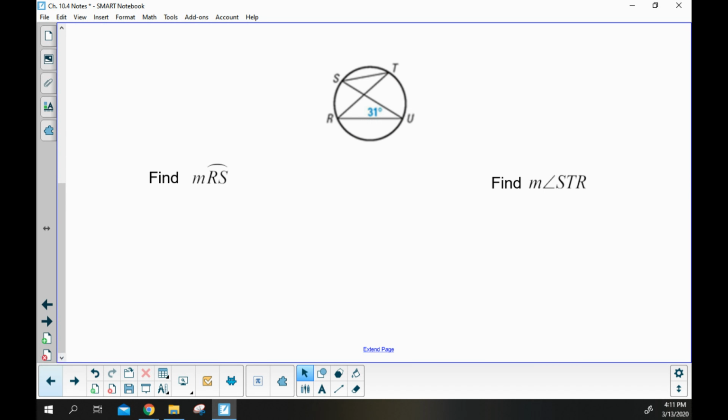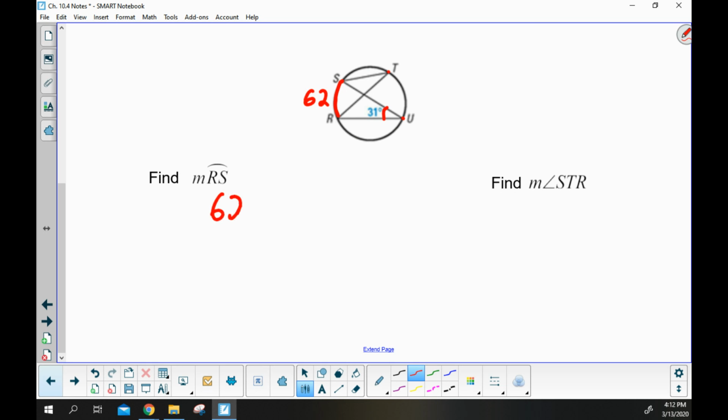All right, so now we get to kind of like a bow tie problem. We get the bow tie inside our circle here. And we want to find RS. So we're looking for RS here, my arc there. Now we see that RS actually has two different angles that open up to it. We have STR, and we have SUR. And we know SUR is 31, which means that RS here has to be 62.